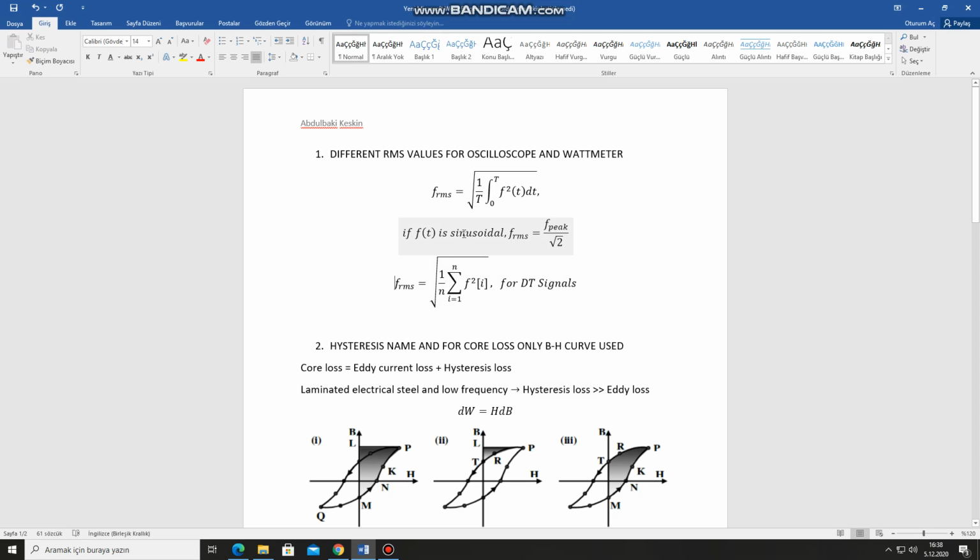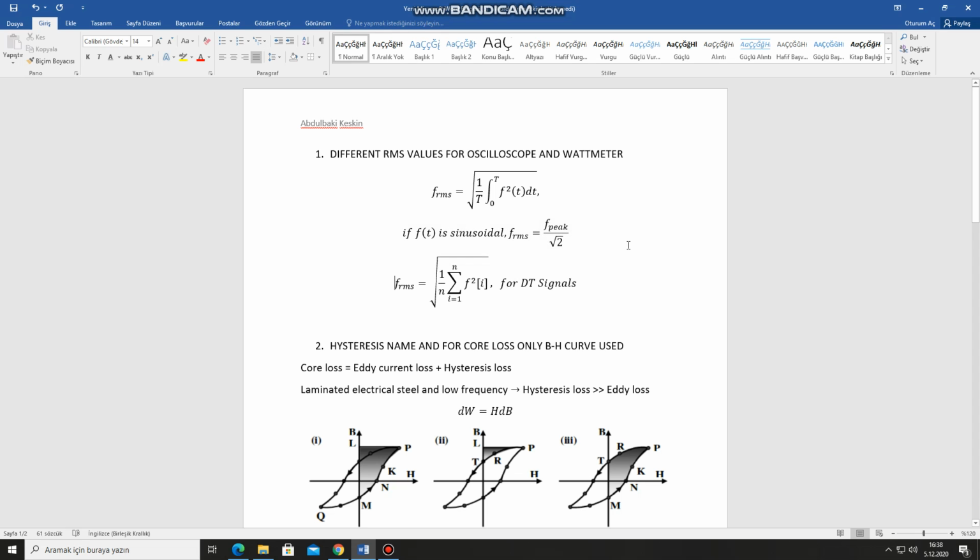But what if our signal is not sinusoidal? Applying this method will produce some errors in our measurements, and probably in our oscilloscope that's the case. Maybe the voltmeter reads this one, I don't know, but one of them used this method, regarding the signal as a pure sinusoidal, taking its peak value and dividing it by square root of 2.